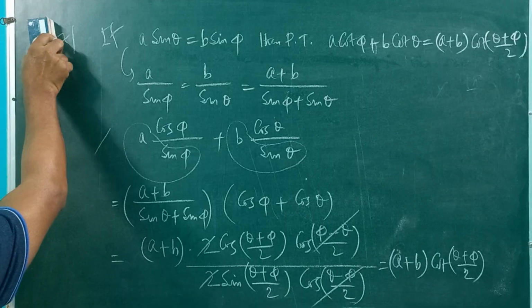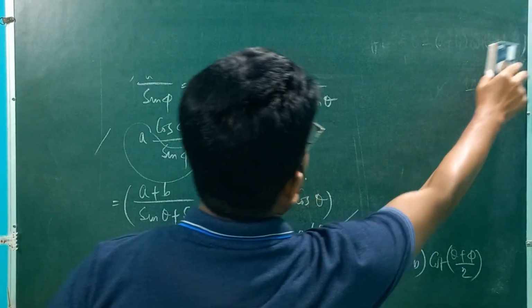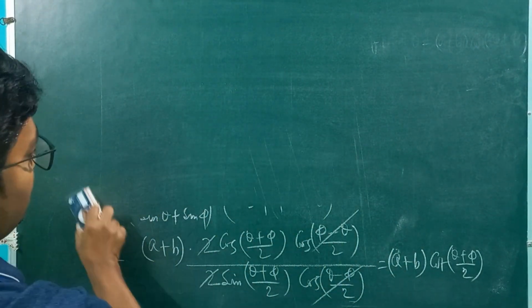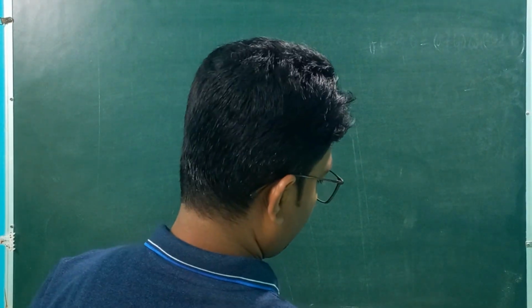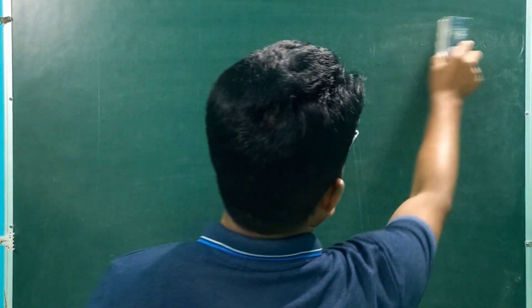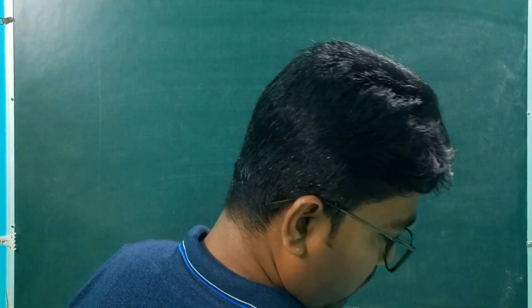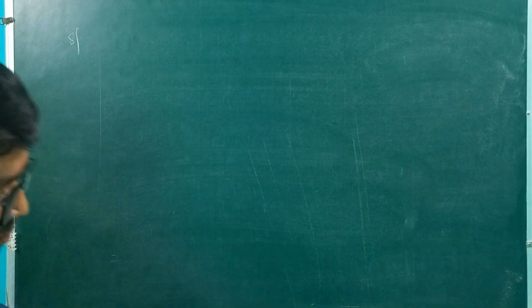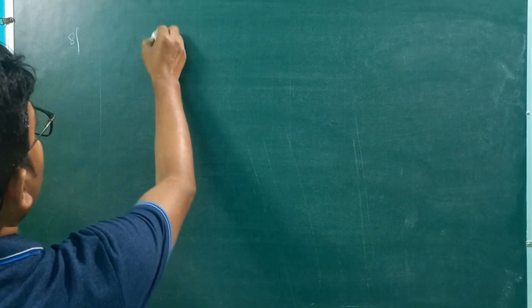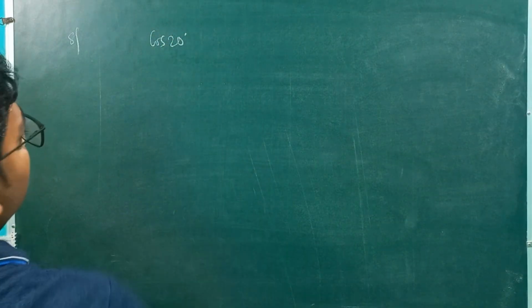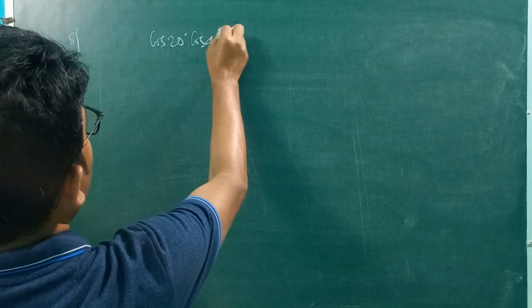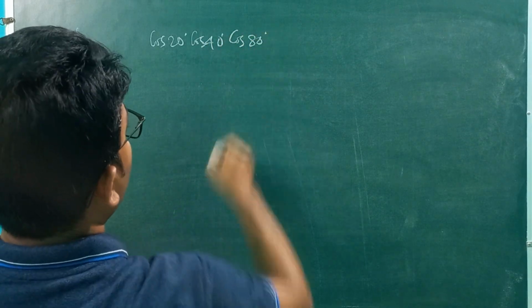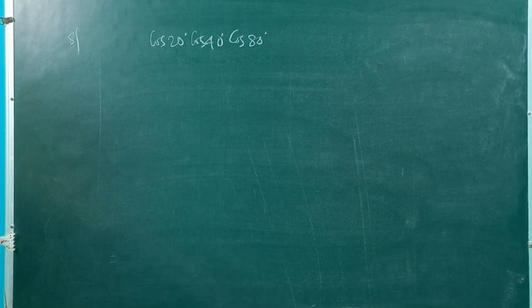Now number 8. We have to calculate the value of this trigonometric expression: cos 20, cos 40, cos 80.